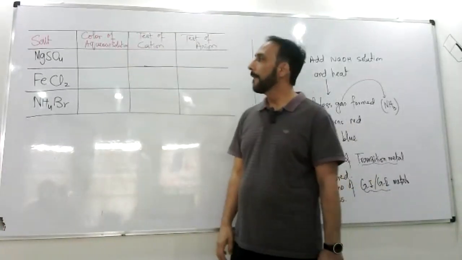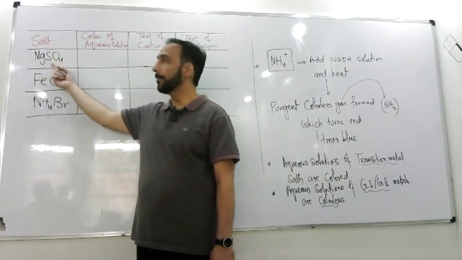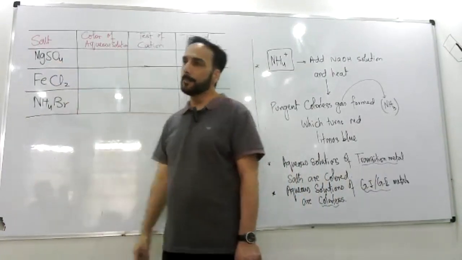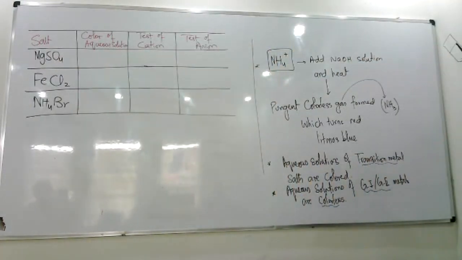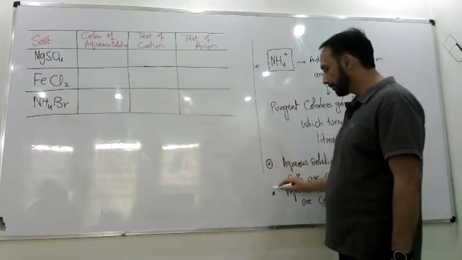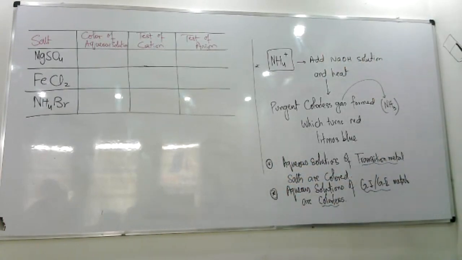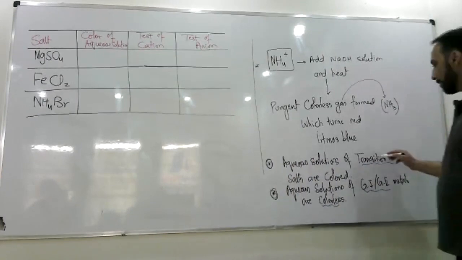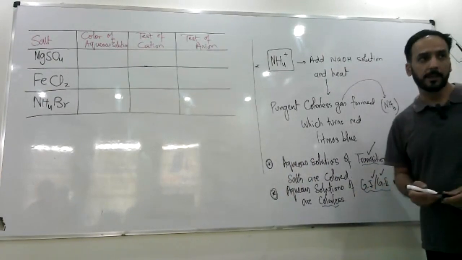See, for the first salt, for example, you got magnesium sulfate. Now you have to write what would be the color of aqueous solution of magnesium sulfate. These 2 points will help you in that. So transition metal salts are colored, but group 1, 2 salts are not colored.